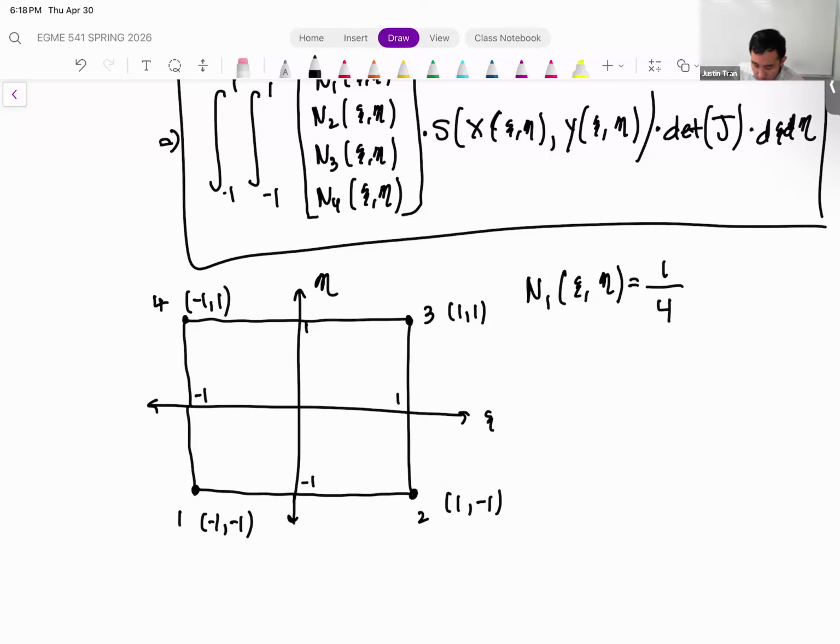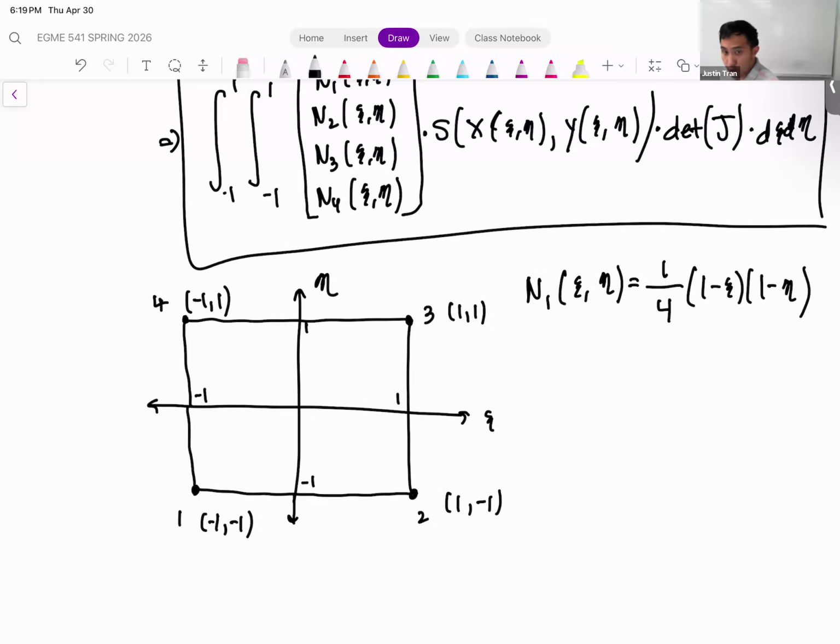n1 of epsilon and eta is 1/4 times (1 minus epsilon)(1 minus eta). You can plug in epsilon equal to -1, eta equal to -1, and you get 2 times 2, which is 4, divided by 4, which is 1. You plug in any other coordinate, say the coordinates for node 2, and you get 0.